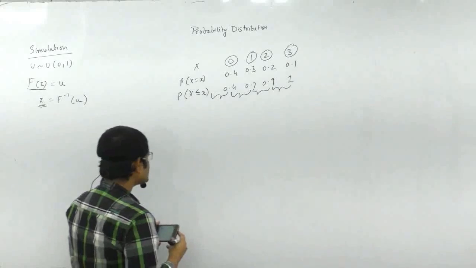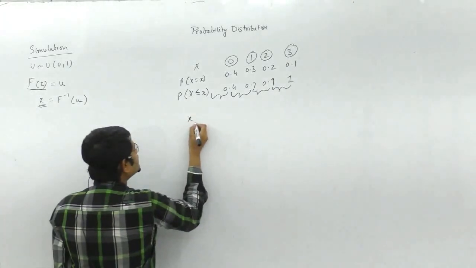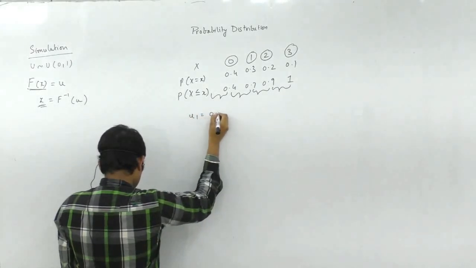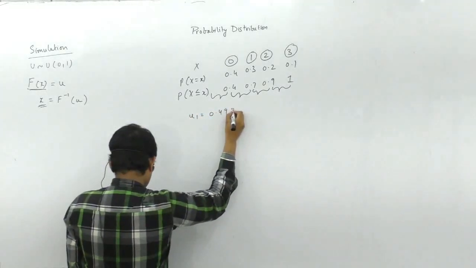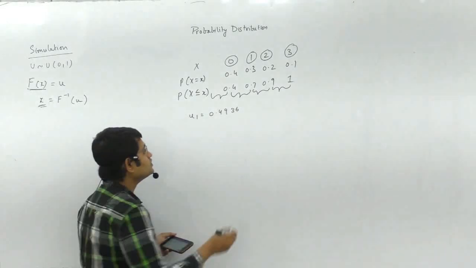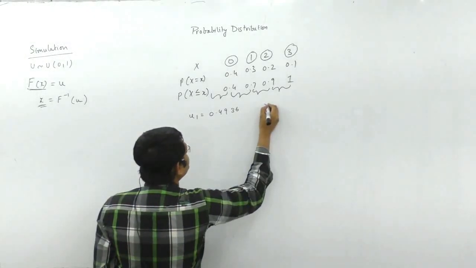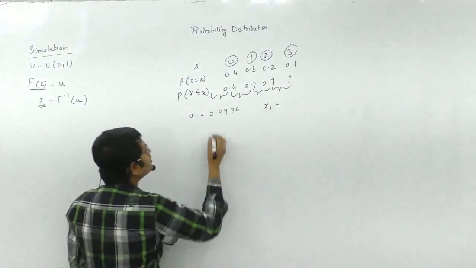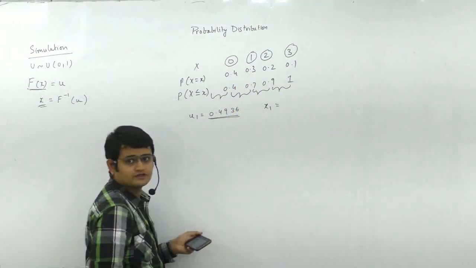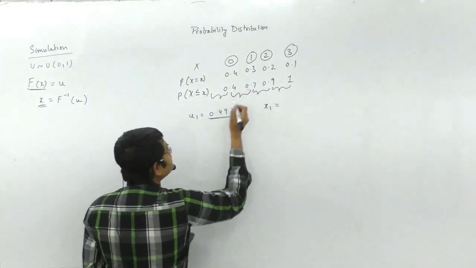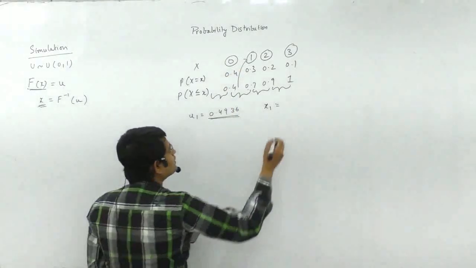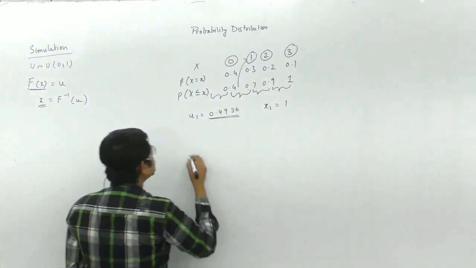Now simply what we can do is use our values. U1 is given as 0.4936. This is our first uniform value we have to simulate, and our x1. Now see, this particular value is between 0.4 and 0.7. So any value between 0.4 and 0.7 will be directed towards 1, so our x1 will be 1.